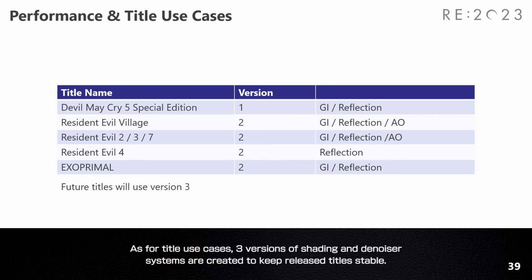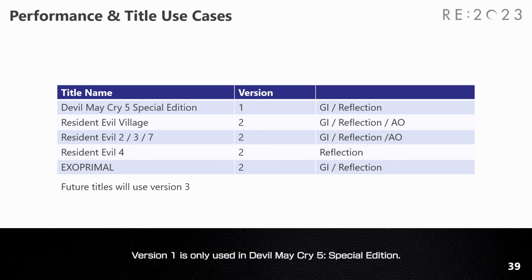As for title use cases, three versions of the shading and denoiser system are created to keep the titles stable. Version 1 is only used in Devil May Cry 5 Special Edition.